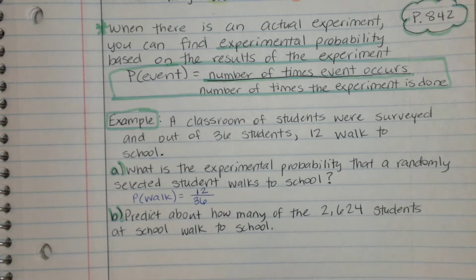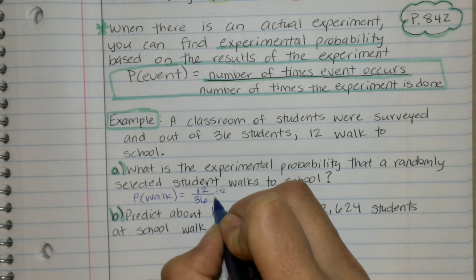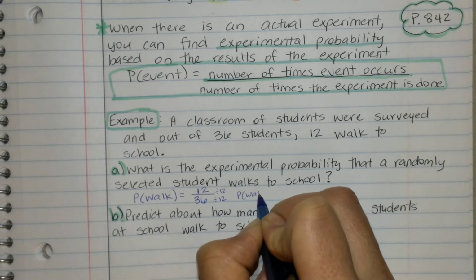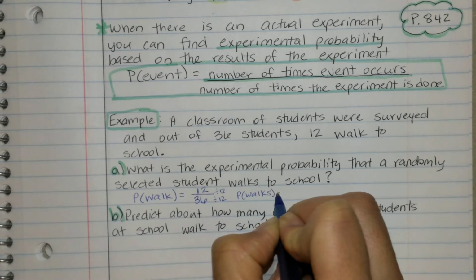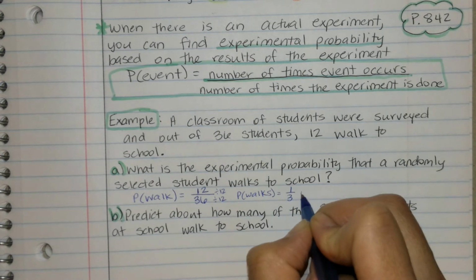Like I was saying above, your answer can be written as a fraction or ratio, but it has to be reduced, or a decimal, or a percentage. I just wanted to show you all three, at least for this example. So 12 over 36, I can divide by 12 to reduce the fraction. Divide the top and bottom by 12. Then I would get P, probability of walks, is 1 over 3, since 36 divided by 12 is 3.